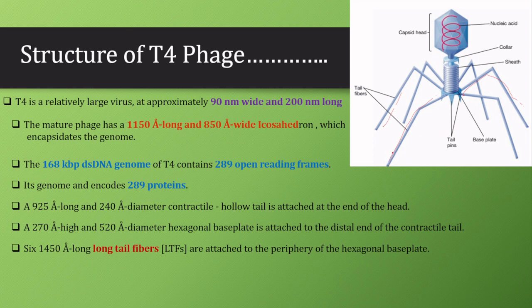The length of these tail fibers is 1450 angstrom. An important property of T4 phage is that T4 is capable of undergoing only a lytic life cycle and not a lysogenic life cycle. This is one of the distinguishing properties of the virus, that it can follow only the lytic life cycle.